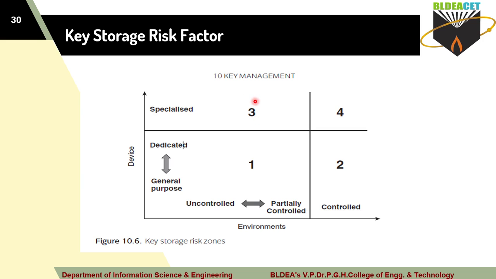For zone 3, I'll take the example of your ATM machine. Here you have a specialized device, a hardware security model. If anyone takes that model and afterwards tries to access the keys in that particular model, it is a specialized device, so you require security to prevent it from being stolen.